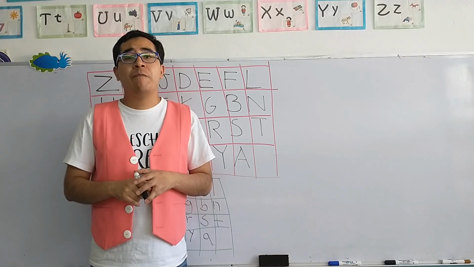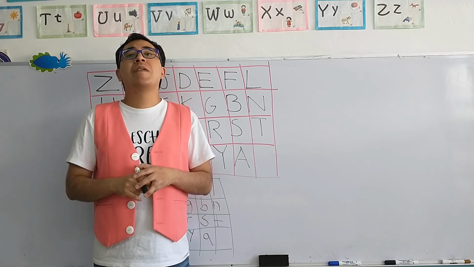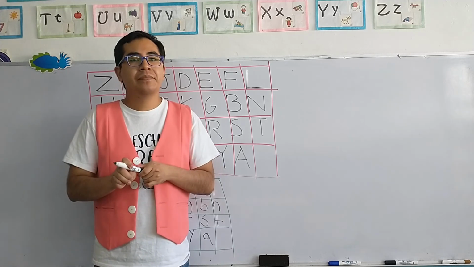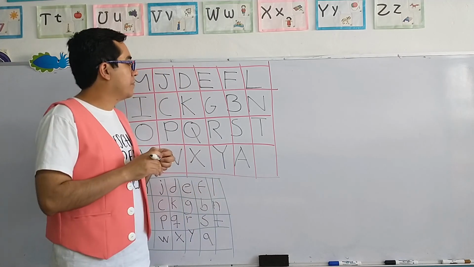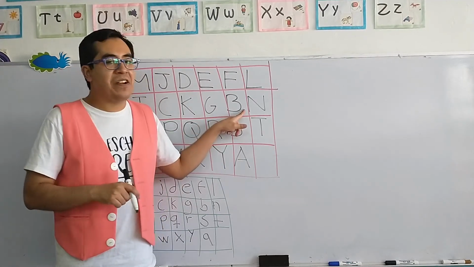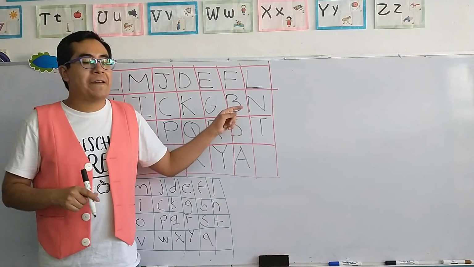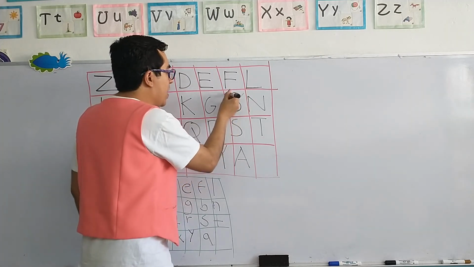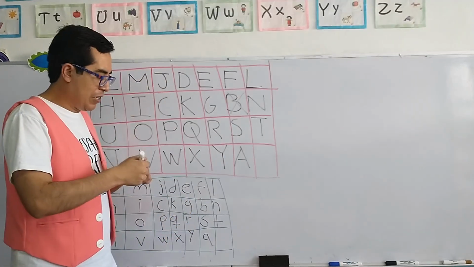capital B of Brenda, of boat, of banana. Okay, it's right here, capital B. So, if you want, you can mark it with an X, la podemos marcar con un tache.